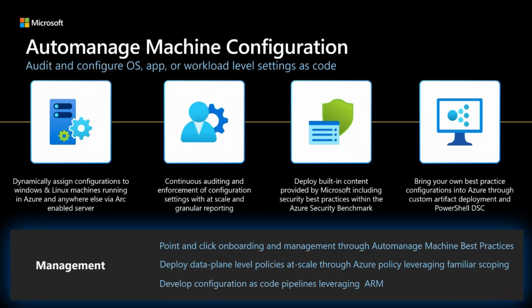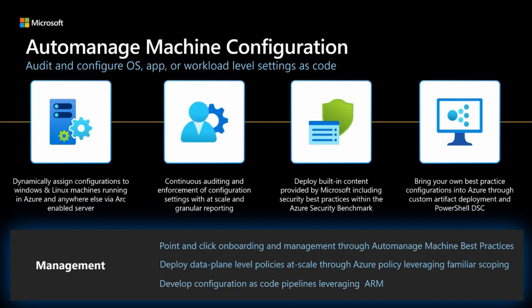So for quite some time within Azure, we've had the capability, with Azure Policy, to do some of these activities. And it was known as Azure Guest Configuration Policy. And a while back, they did move this under the Automanage umbrella. So now it's called Azure Automanage Machine Configuration.